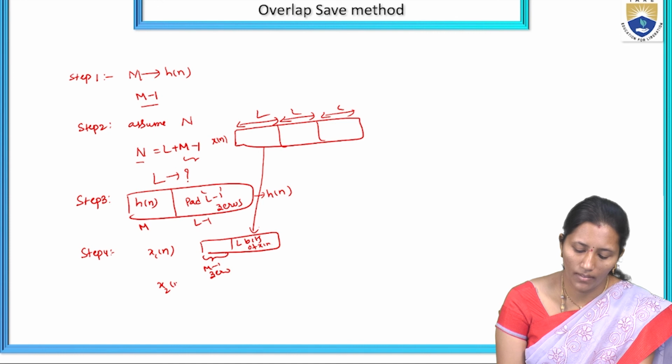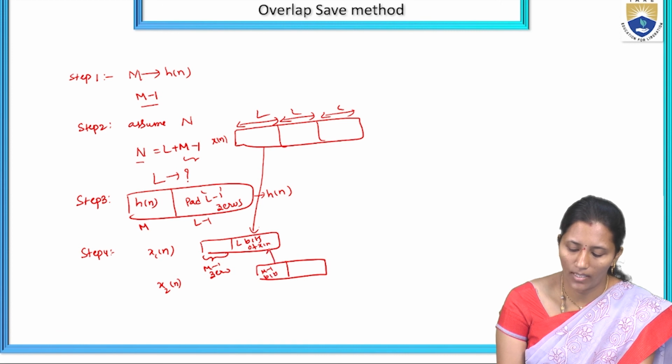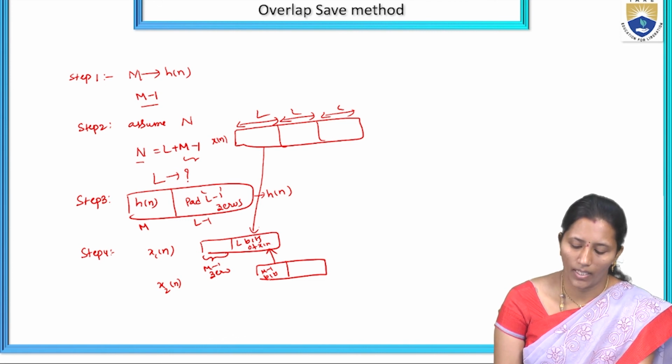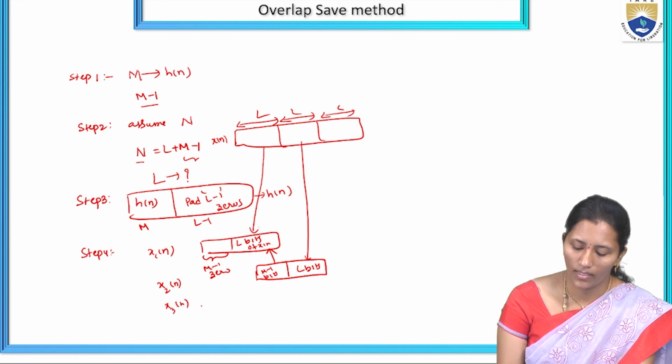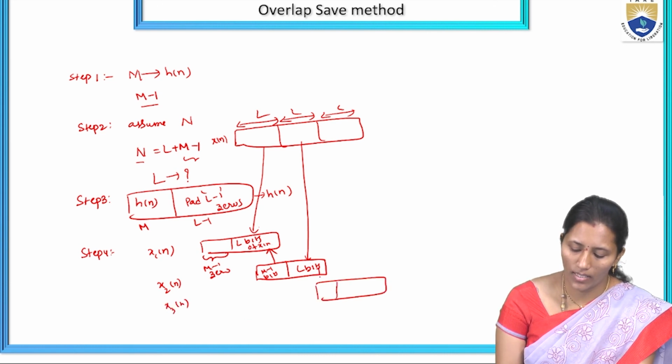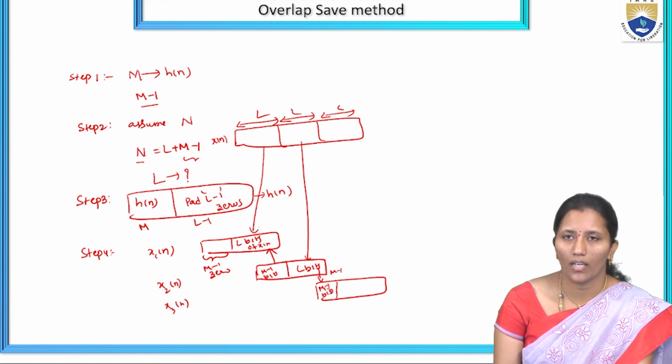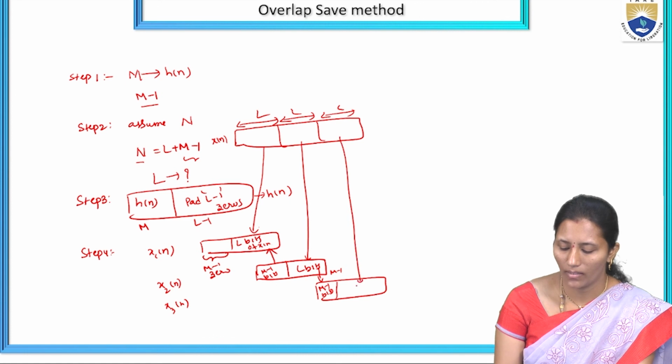For x2 of n, the first M minus 1 bits are the last M minus 1 bits of the previous segmented block, followed by the next L bits of x of n. Like that, x3 of n is the last M minus 1 bits of the previous segmented block and the next L bits will come here.